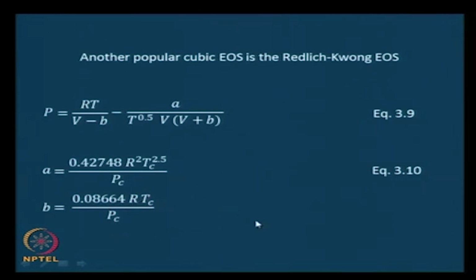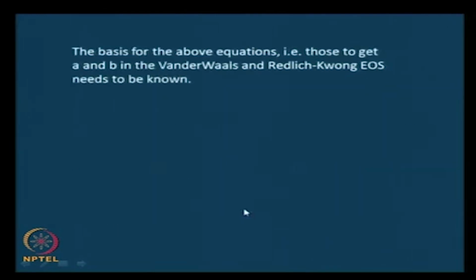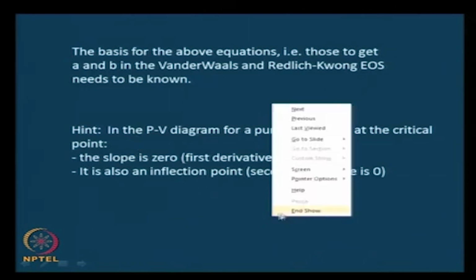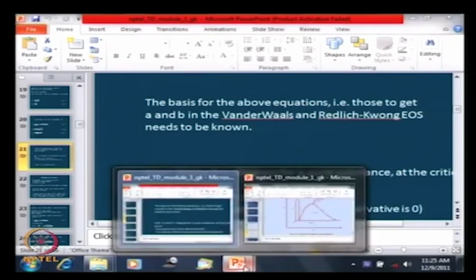Then we also saw the basis for writing these A and B values in terms of Tc, Pc and so on. We have equivalent expressions for the van der Waals equation of state also, and this was given as a homework, and the basis for that is as follows.